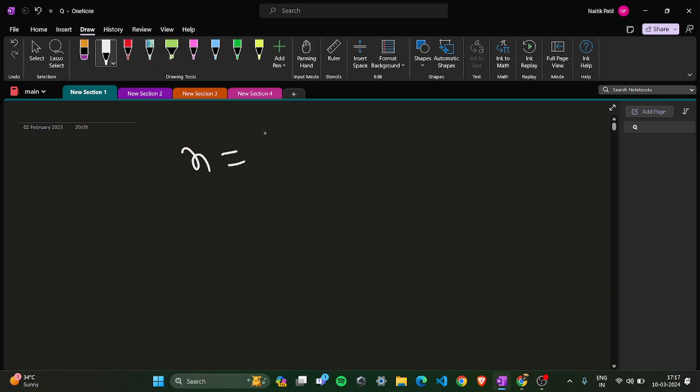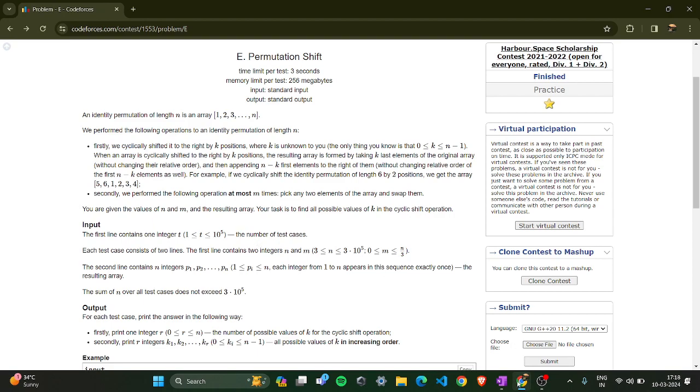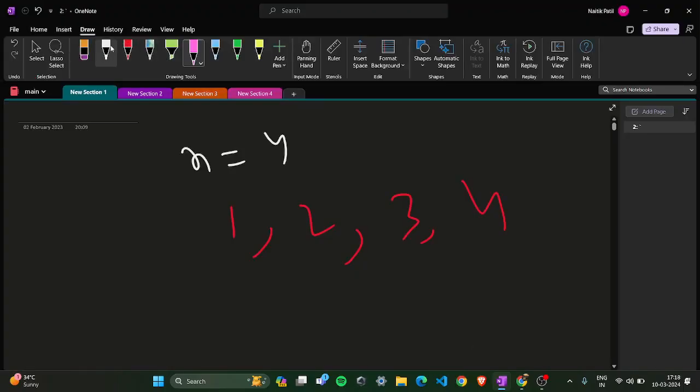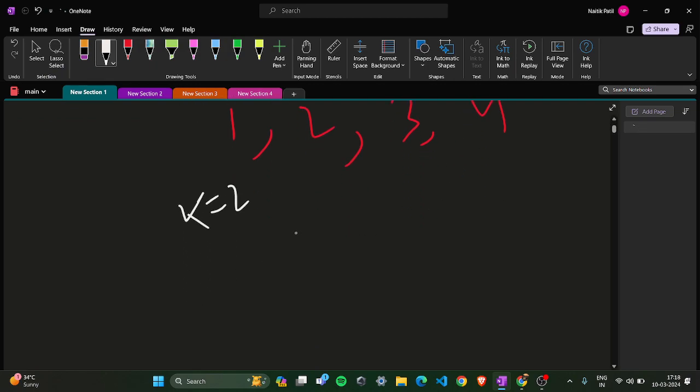we are given, let's suppose we have an identity permutation. Let's suppose n is 4, and what we are doing is cyclically shifting it to the right by k. Let's suppose our k was 2. So after two cyclic shift operations, our resulting array will be this.